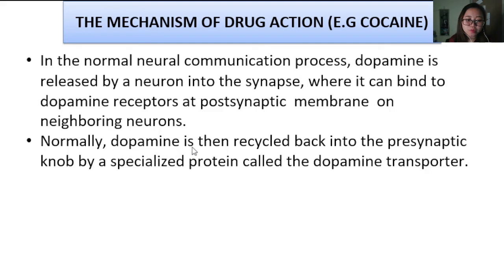And normally, dopamine is then recycled back to the presynaptic knob by a specialized protein called the dopamine transporter. So, maksud ayat kedua ni, biasanya, lepas digunakan dalam satu kali impulse transmission, dopamine akan disimpan, dia kena recycle balik. Dengan bantuan ini protein yang digelar sebagai dopamine transporter. Tukang bawa dopamine.